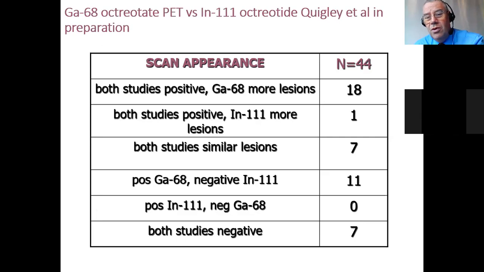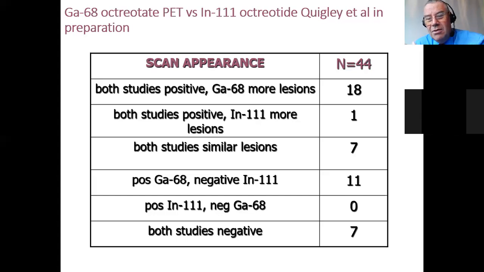This is a trial from my old hospital at the Royal Free in London, and they looked at 44 patients with negative octreotide scans or low-grade uptake on octreotide scans, but known neuroendocrine tumour. They found that both studies showed positive uptake, but more lesions were seen with gallium-68 in 18 patients. Indium was more positive in 1 patient, nobody really knows why.